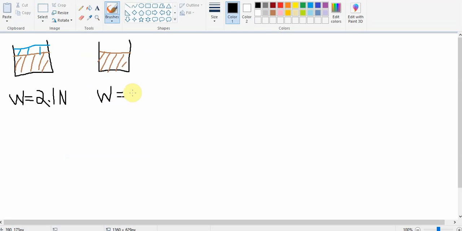Oven dry weight is 1.75 Newton, and this weight is nothing but the weight of solids, because when you keep the specimen in the oven, all the water gets evaporated. So oven dry weight is nothing but weight of solids.